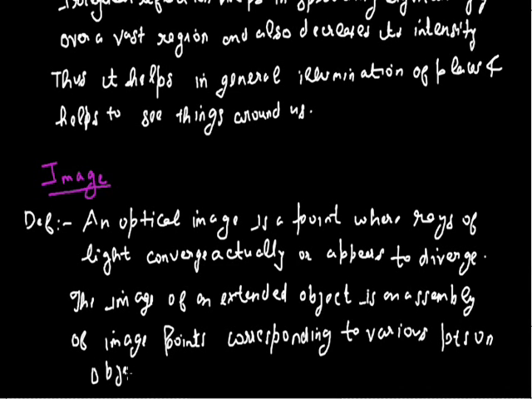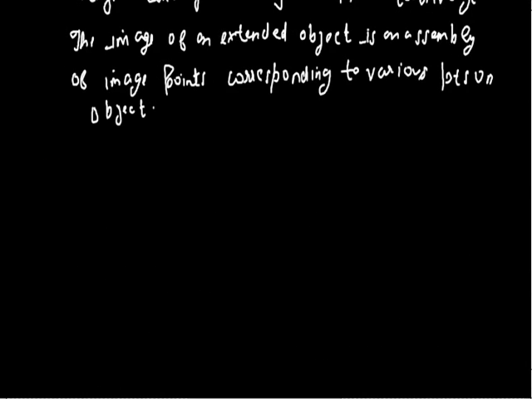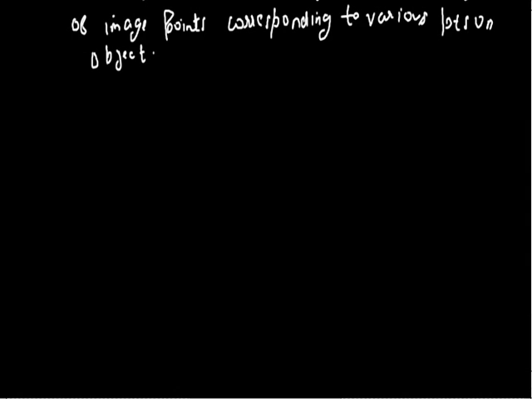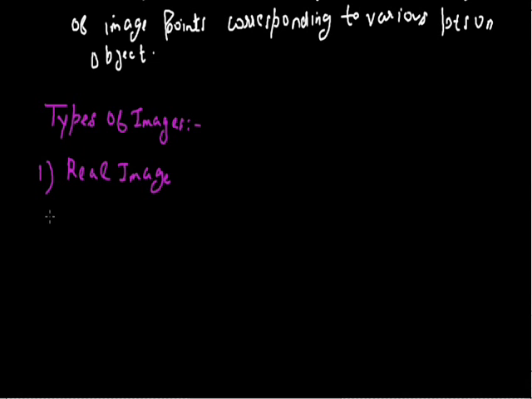Now, what does the image definition tell us? The image is a point where the rays of light converge or appear to diverge. That is the place where the image is formed. There are two types of images. First, real image. Second, virtual image.